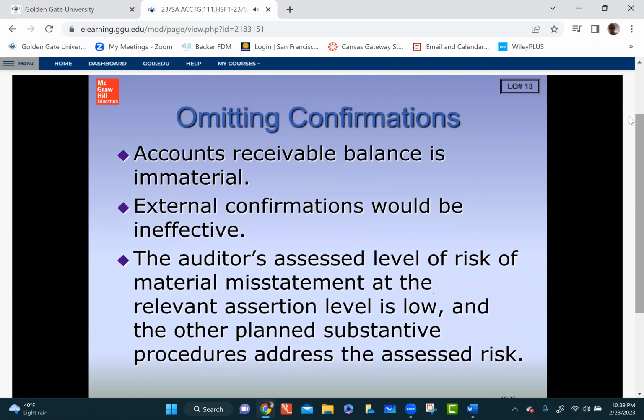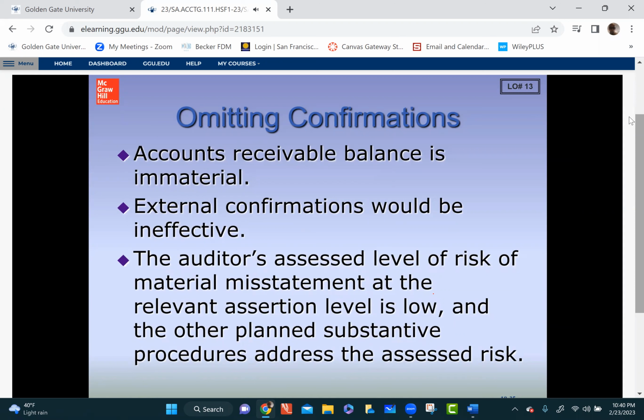Now, the way to think through this, guys, is confirmation is really testing what? The existence assertion. So we're going to have something that helps us look at the account receivable subsidiary ledger and get some information that helps us to be satisfied that that receivable actually existed at the balance.